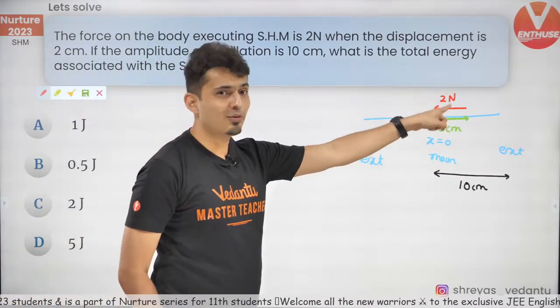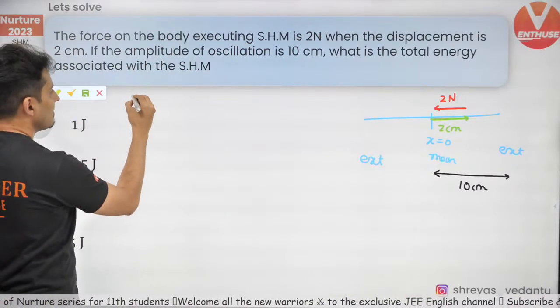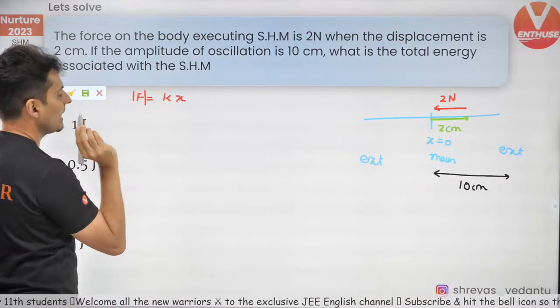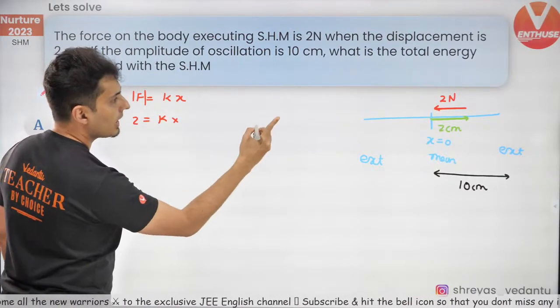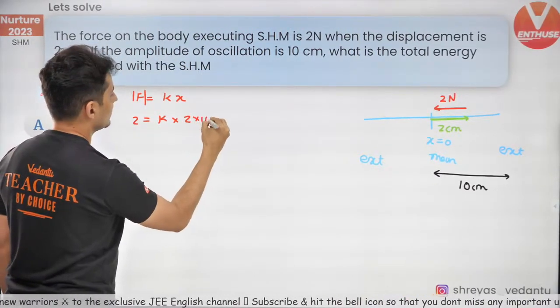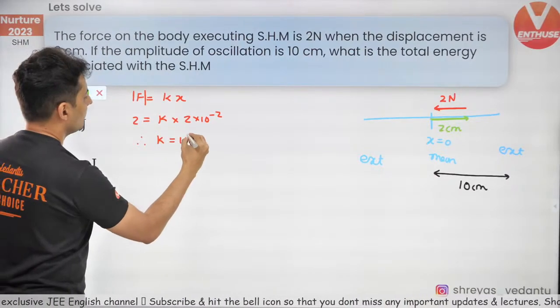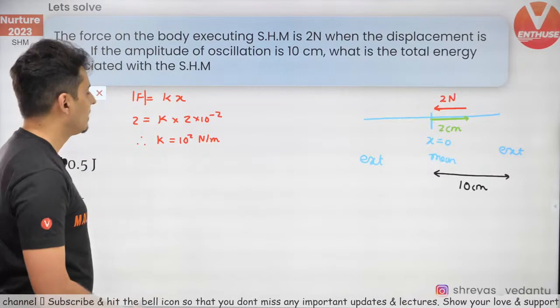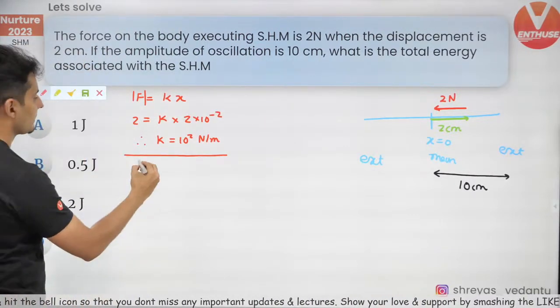From this piece of information, I think I can find out the spring constant. How? Because F is equal to, magnitude wise, Kx. So 2 will be K into x. x is 2 centimeter, so 10 to the power minus 2. Therefore K will be 10 to the power 2 Newton per meter. Great. Now my next step is to find the total energy.